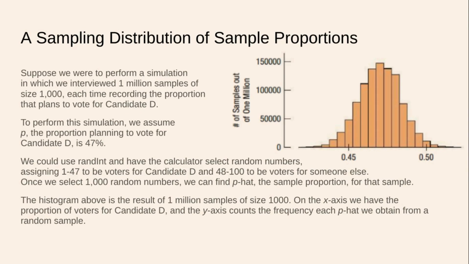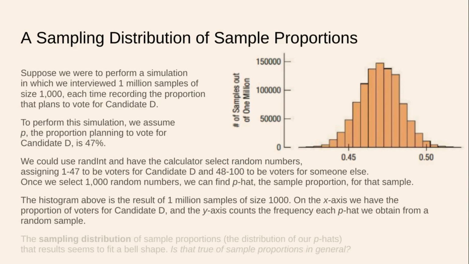So sometimes our proportion was a bit on the higher side. Sometimes our proportion was a bit on the lower side. But generally, our proportion hovered around our predicted 47%. Does this distribution look familiar?